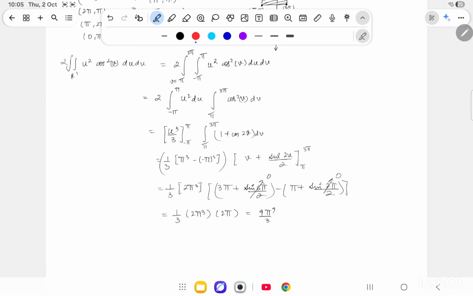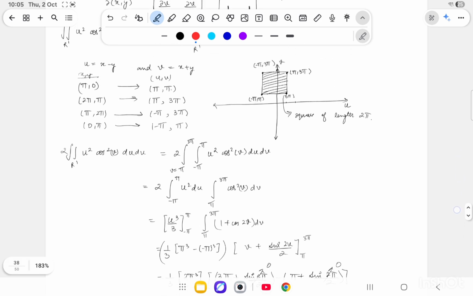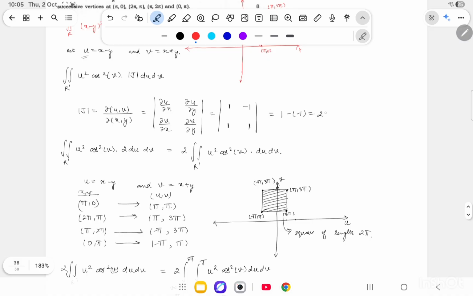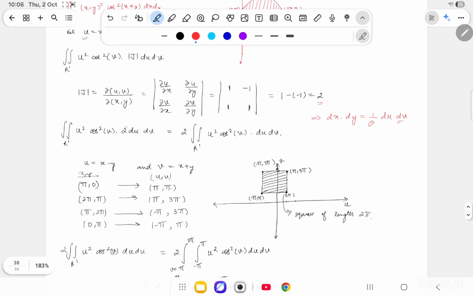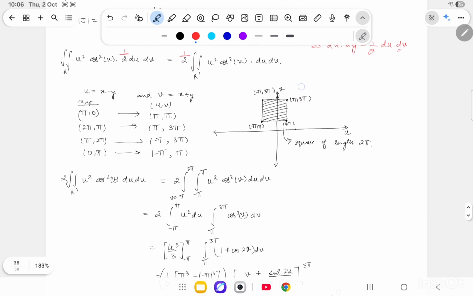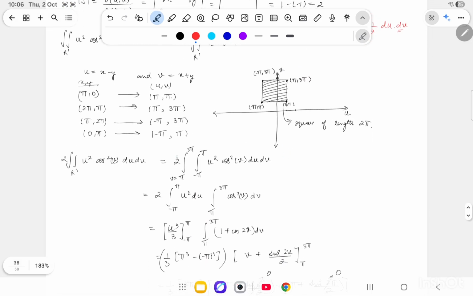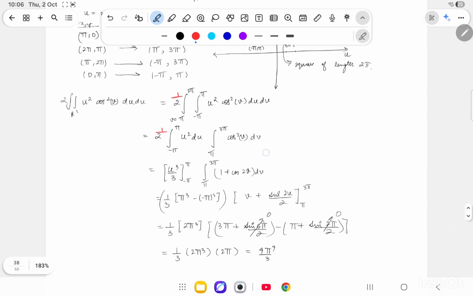So that's the final answer. I guess we made some mistake. Yeah, here the Jacobian is basically 2. So from here we get dx dy as 1 by 2 times du dv, and what we did was replace it with 2 times du dv. So it should be 1 by 2 here, and likewise 1 by 2 here as well.